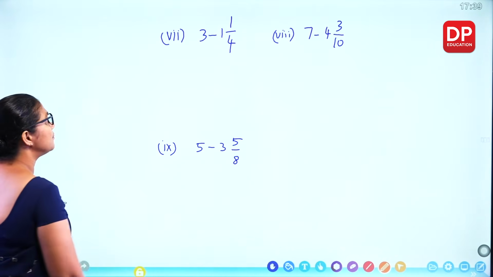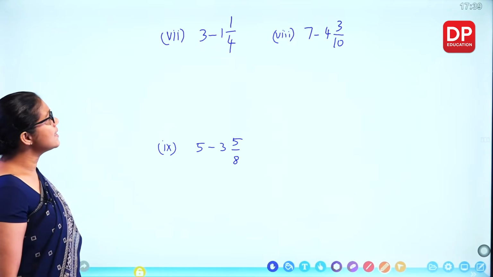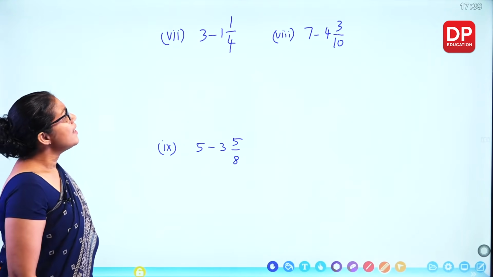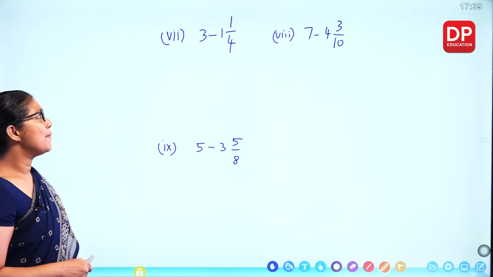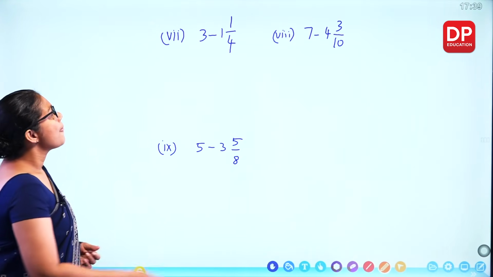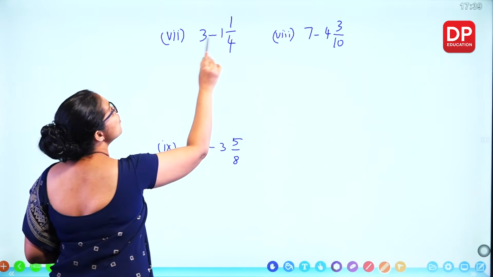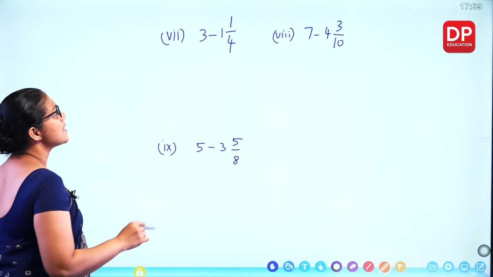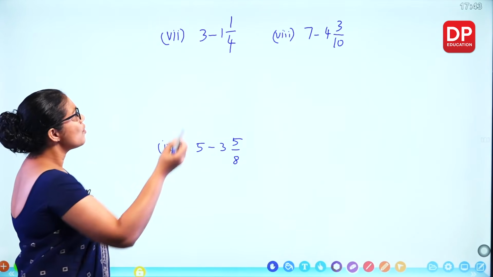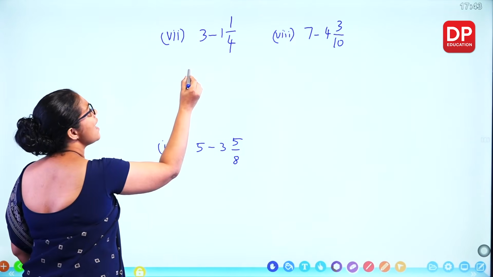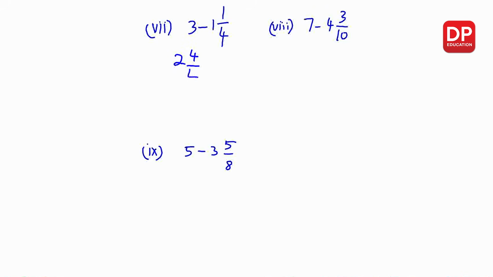Now we'll see some more questions. So here what happens? You get a whole number and a mixed number. So here first thing we can do, subtract the whole numbers. So 3 minus 1. So I can write 3 as 2 and 4 over 4.